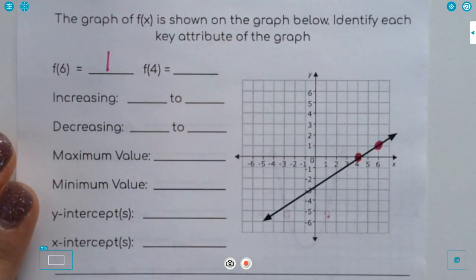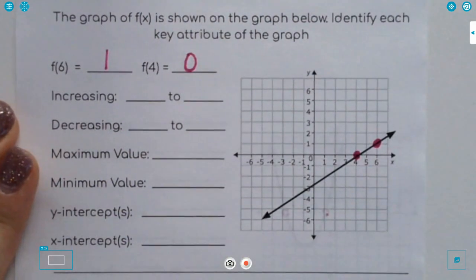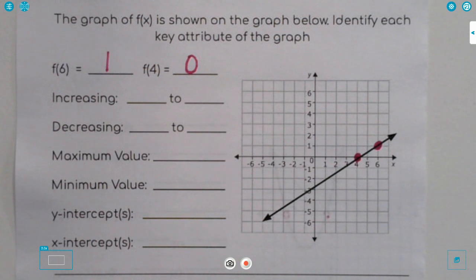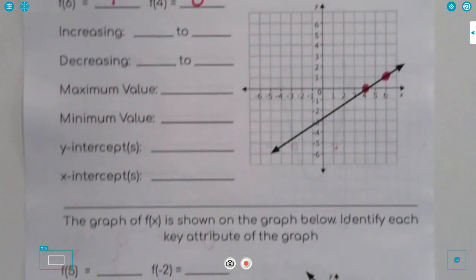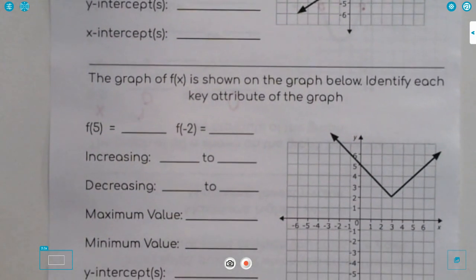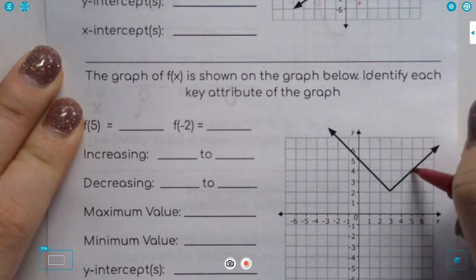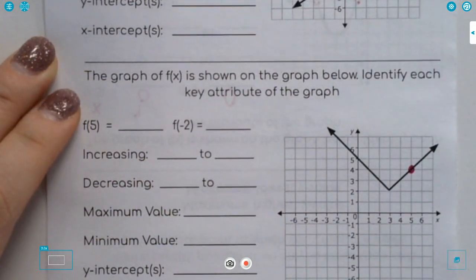My corresponding y value is 0. Okay. And then f of x on our last one, we're going to do f of 5. So we go to where x equals 5, find our corresponding y value. It is 4.